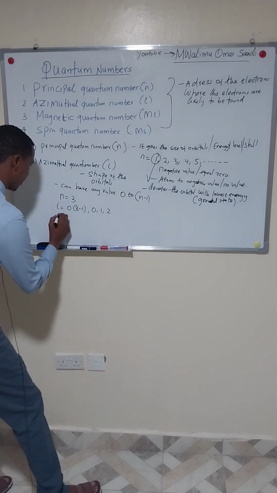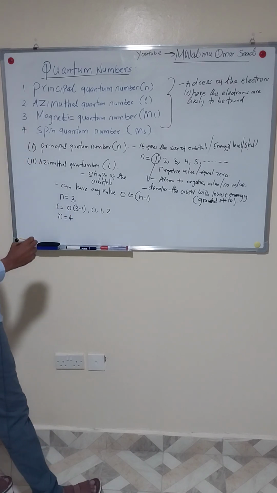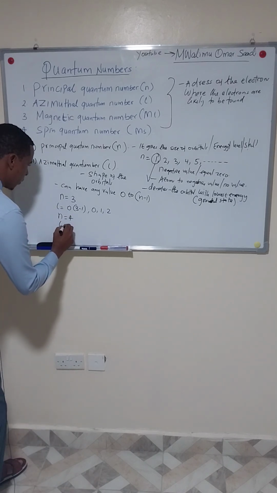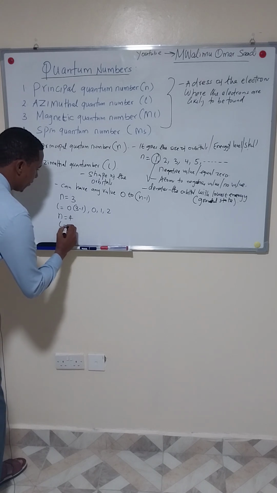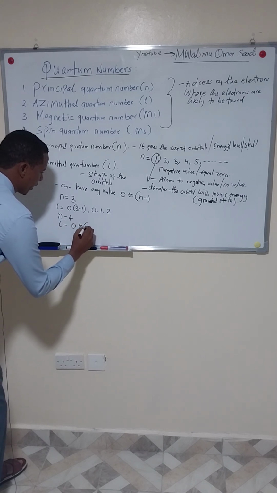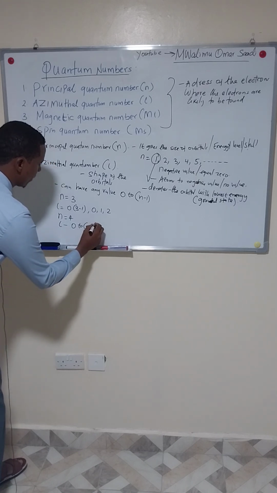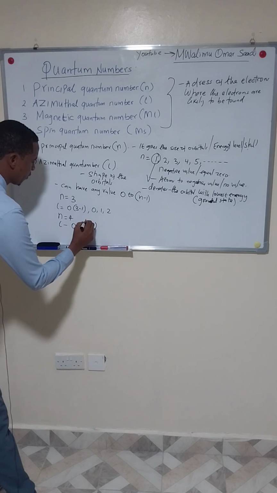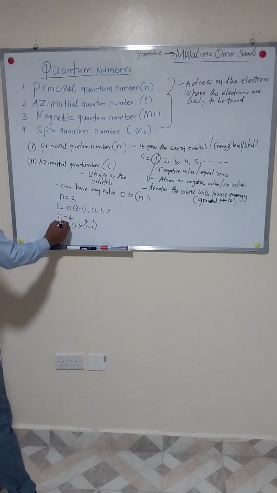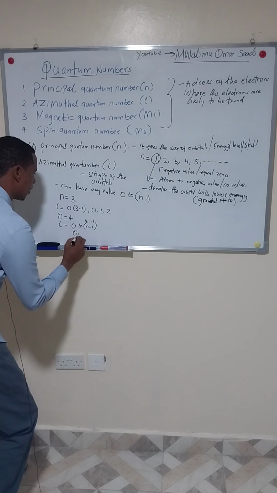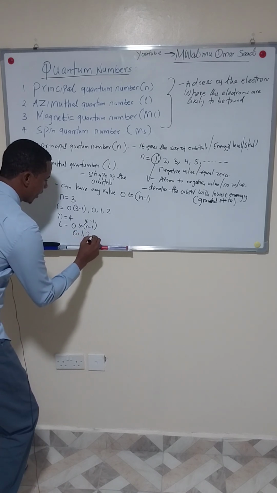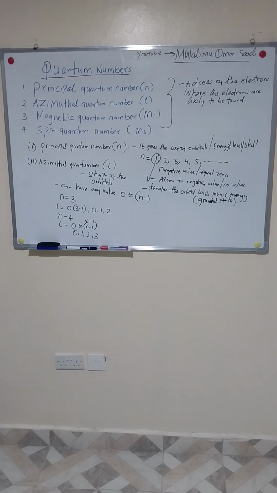If n is equal to 4, that means L will be a value from 0 to n minus 1, which is 4 minus 1, that is 3. So L will have a value of 0, 1, 2, and 3. The value of the azimuthal quantum number depends on the value of the principal quantum number.